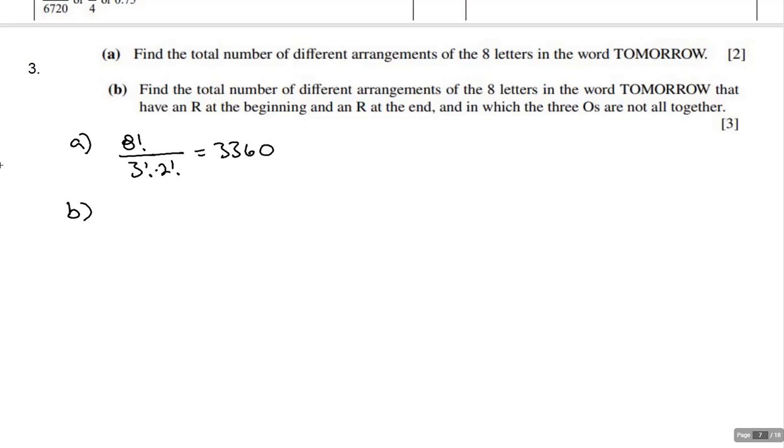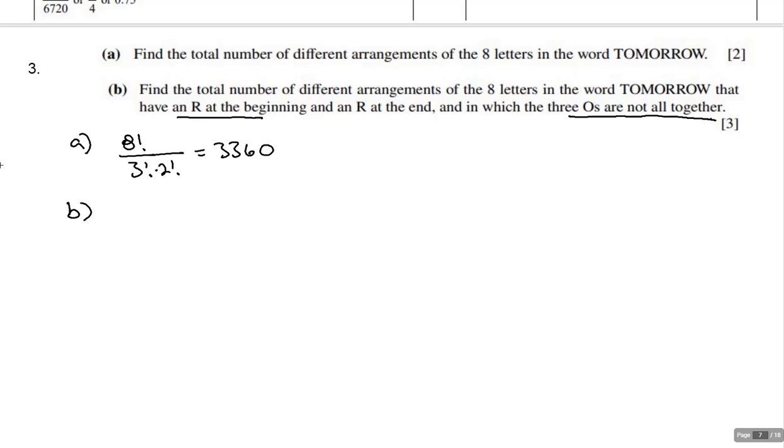It says that the 3 O's aren't all together, so we could start by writing down all the other letters. Well, now, let's read this. It says the O's are what? They're not all together. All right. And what else has to happen? There's an R at the beginning and an R at the end. All right, so how many letters are there? 8.